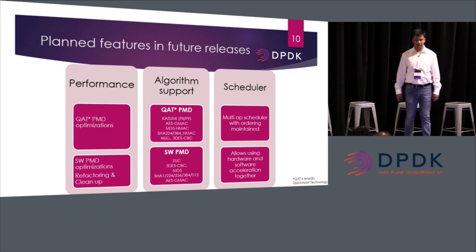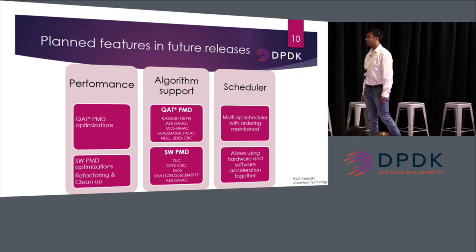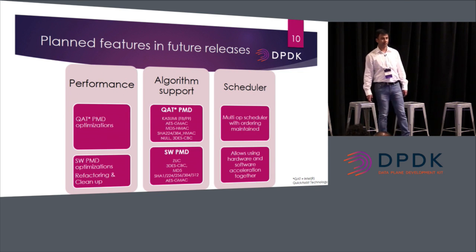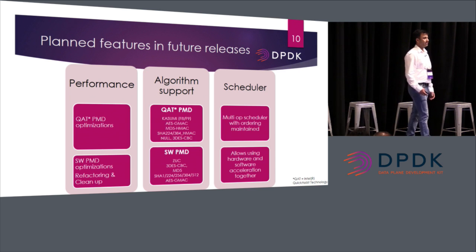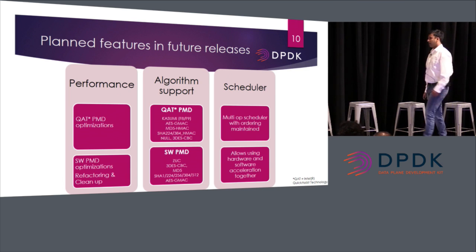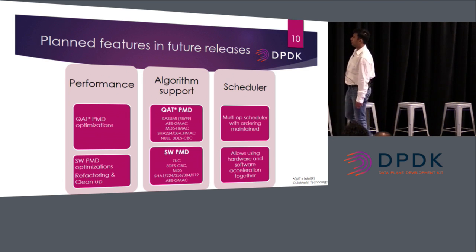In future, there are basically 3 major things which we plan to do. First and foremost is performance. For the QAT optimizations, we have already started this work some days back. We have sent a major refactored patch which is optimized especially for the Quick Assist PMD.